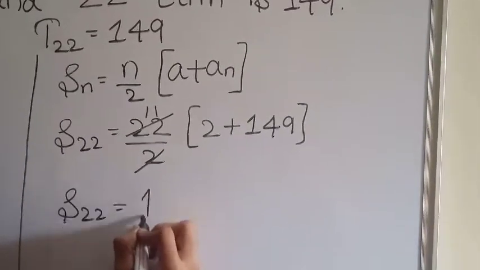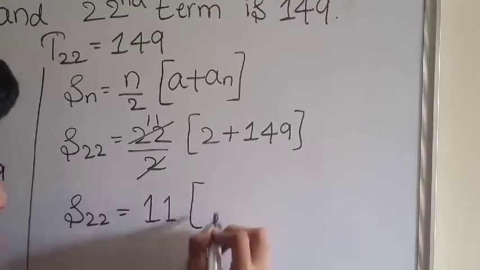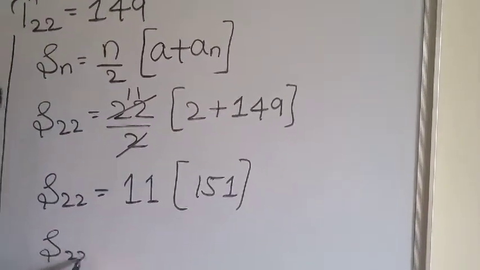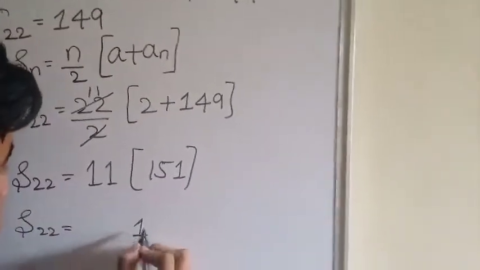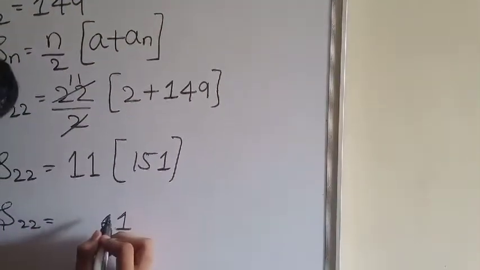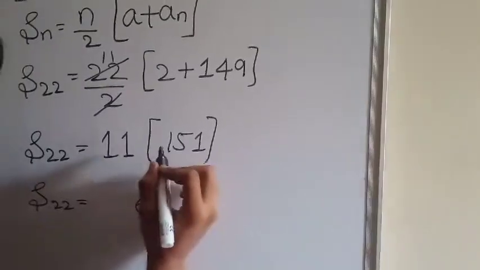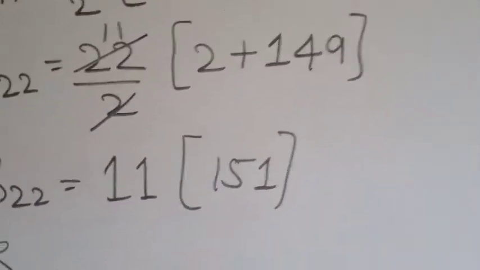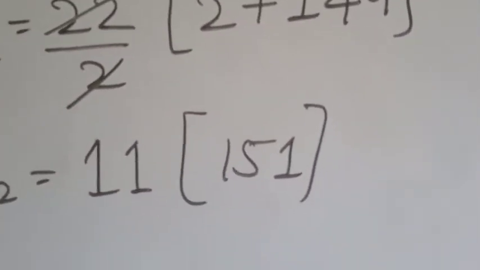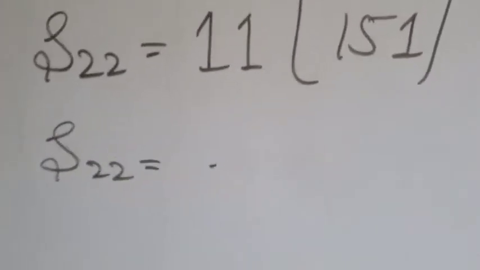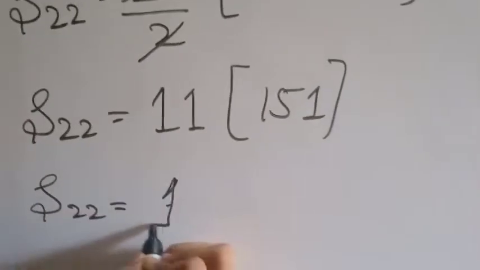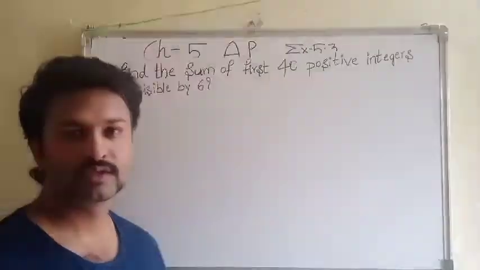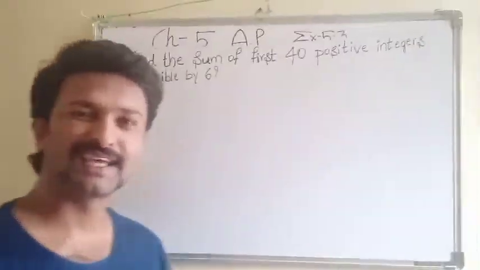The 22nd term is 149, the an value is there. Okay, multiply this 11 into 151. You will get the value of S22. S22 is 1661.